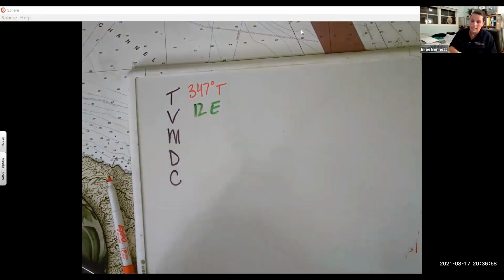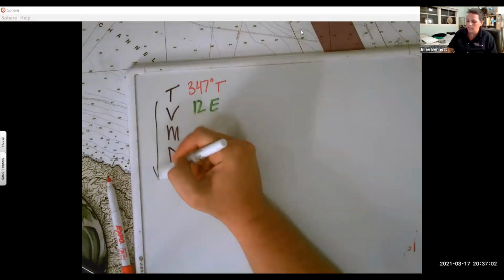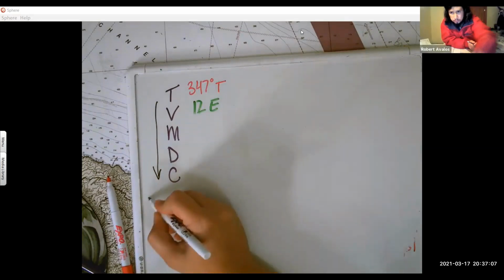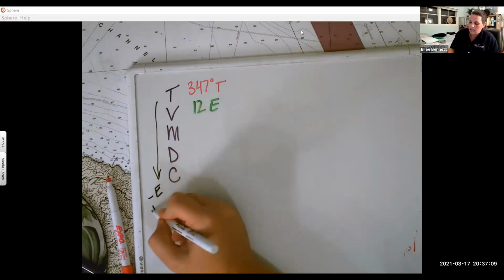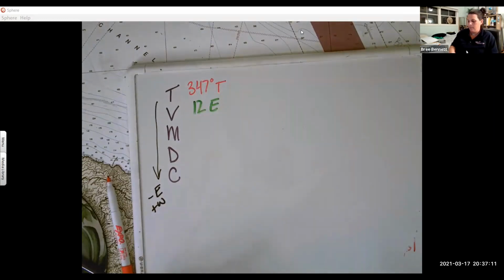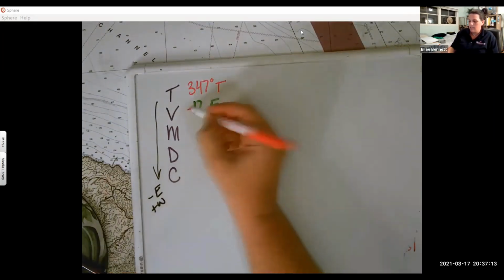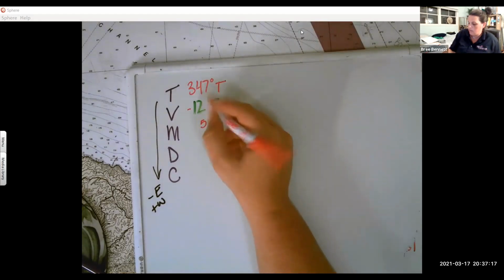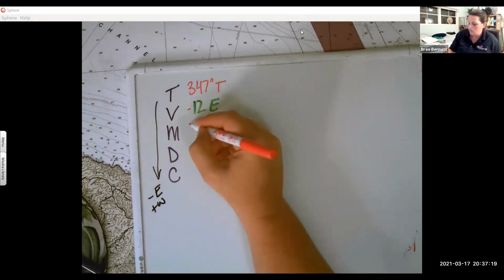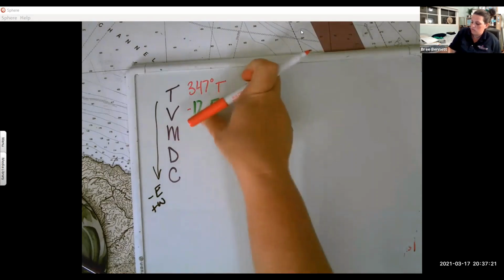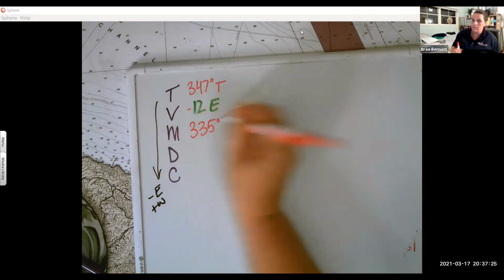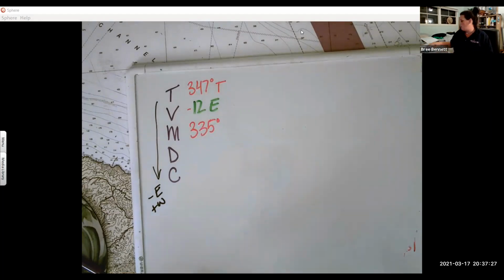So going down T to C, are we adding or subtracting east? Subtracting. Subtracting east, adding west. So we're going to subtract that 12 and we get 335 degrees magnetic, and then we go to our deviation table.